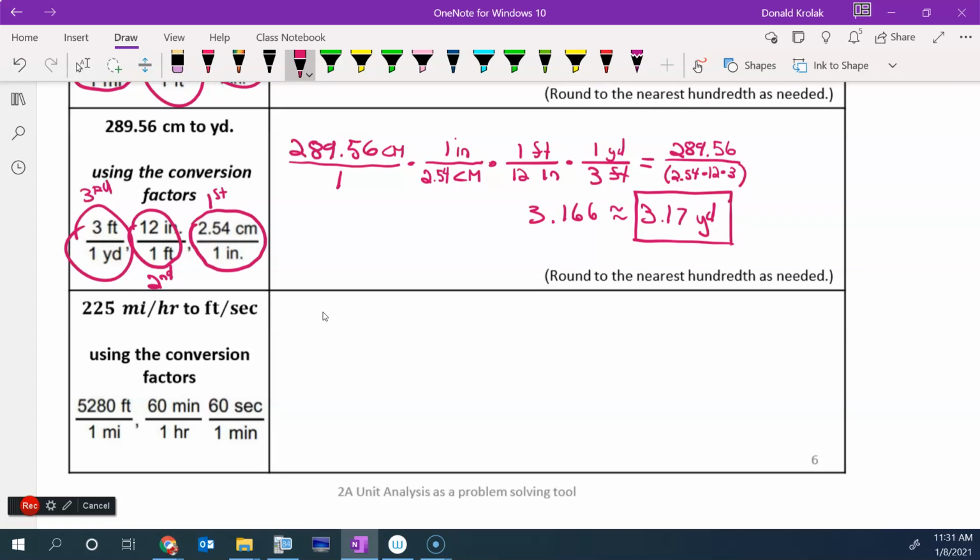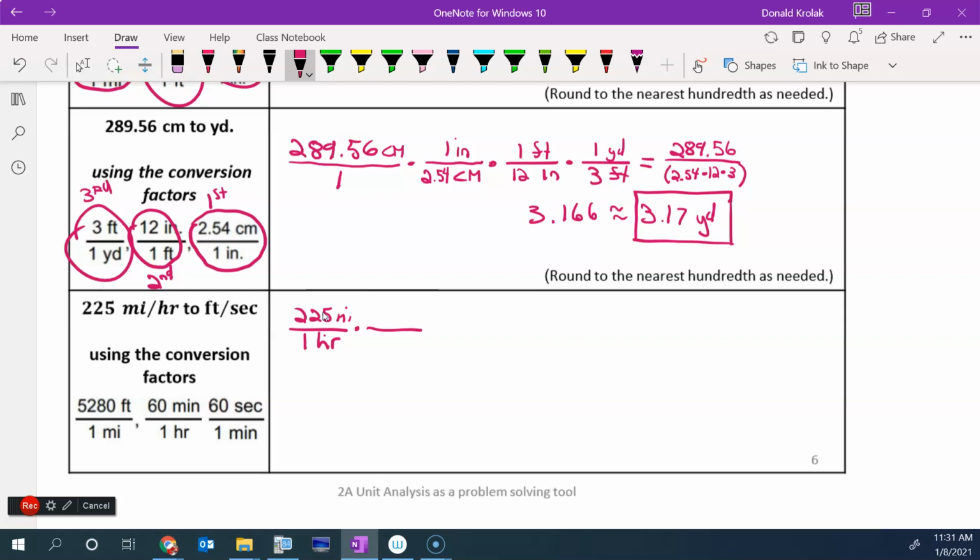All right, so now we got to change two labels. 225 miles over 1 hour. Miles. Okay, so it's the miles I'm going to change.